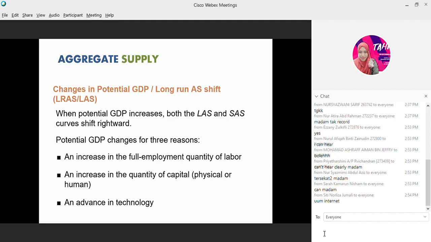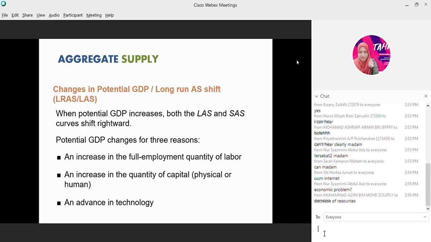Anybody? Who can give me the answer? What are the factors that will shift LRAS to the right? Sorry, to the left. Economic problem? What kind of economic problem? What are the factors that will decrease the resources? Why do resources decrease?